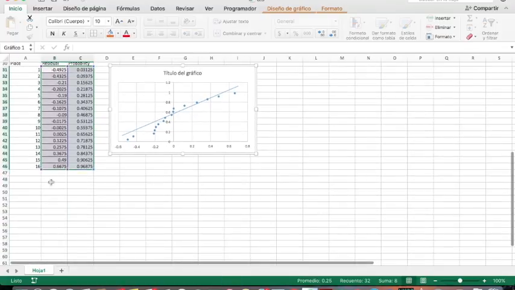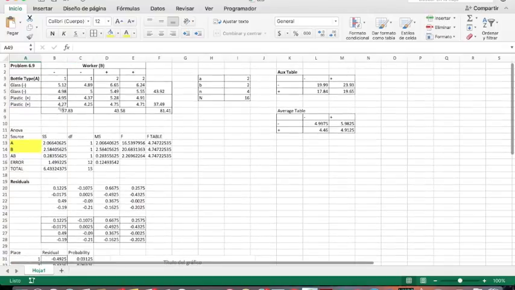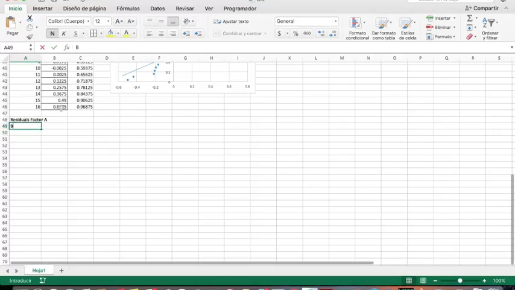And then we're gonna go to residuals. Residuals factor. These are the residuals for factor A. So factor A is the bottle type.